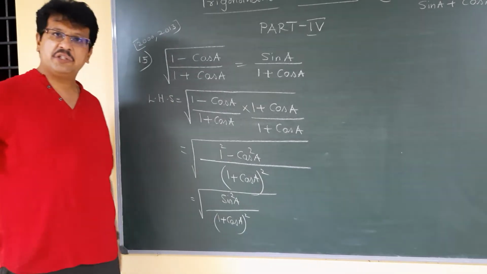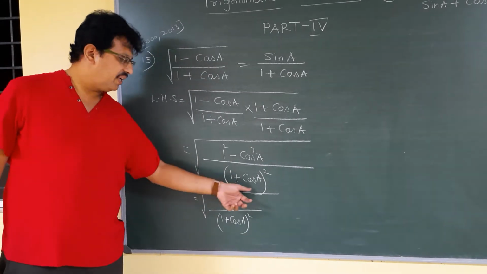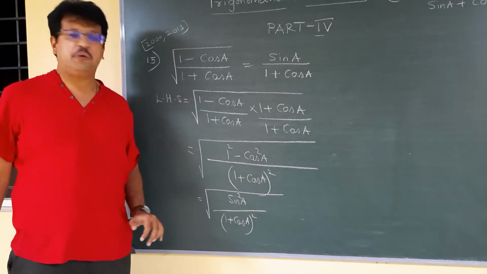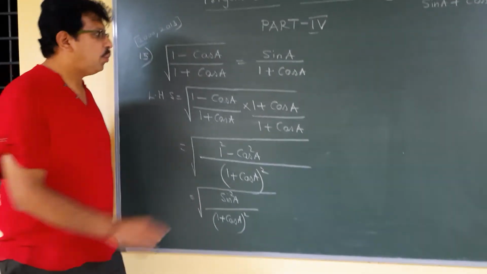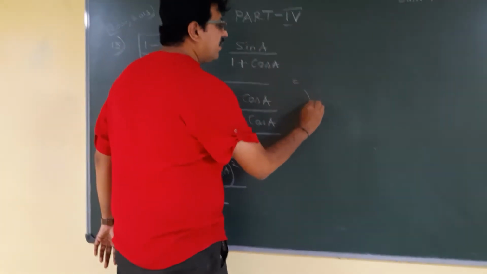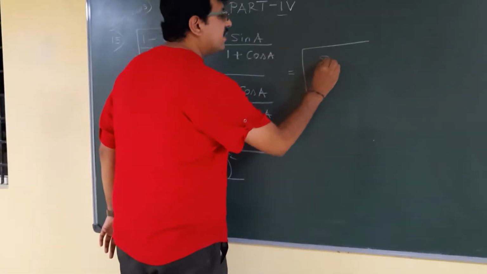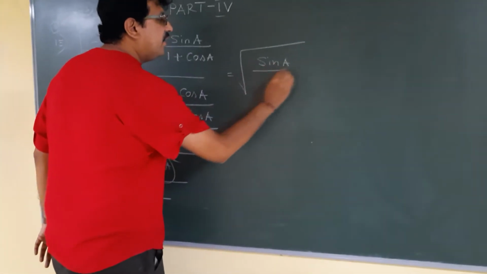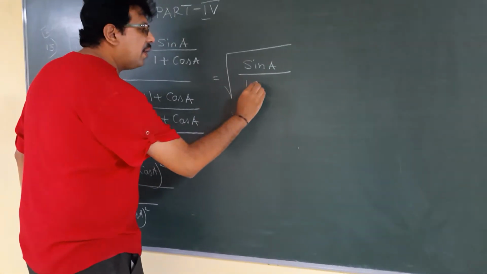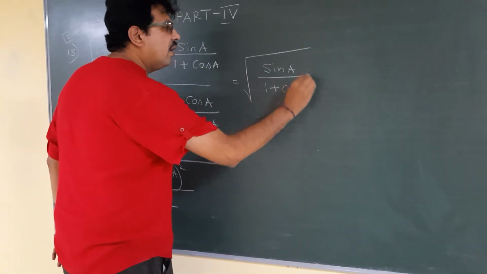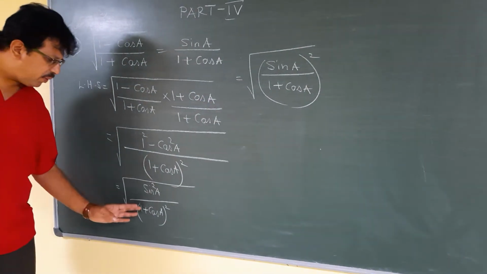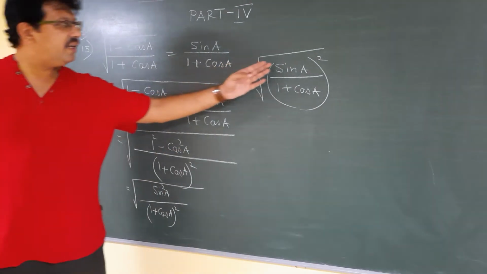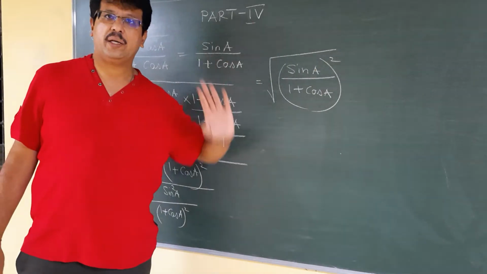Now children, you will have this problem with this square root, so we need to remove this square root. Then only we will be able to get the RHS. We can write this as (sin A divided by 1 plus cos A) whole square. Is it not the same? Sin square A by (1 plus cos A) whole square is (sin A by 1 plus cos A) whole square.